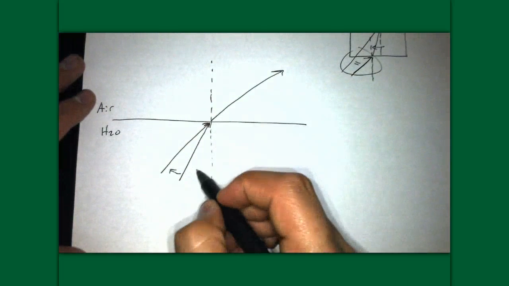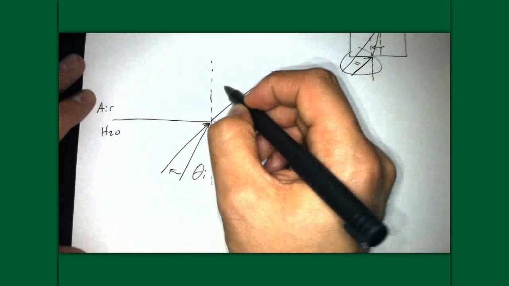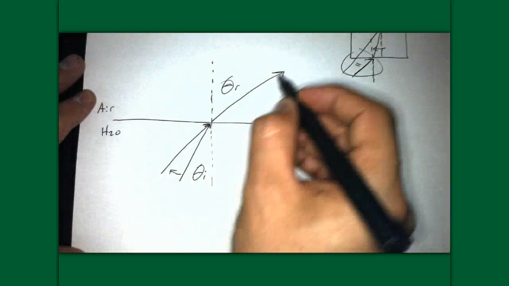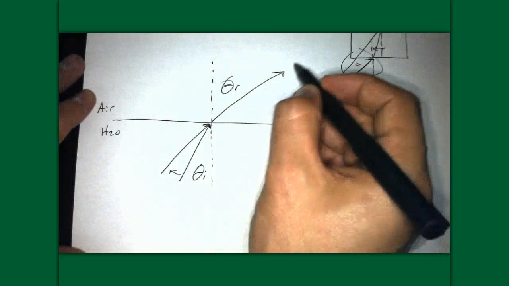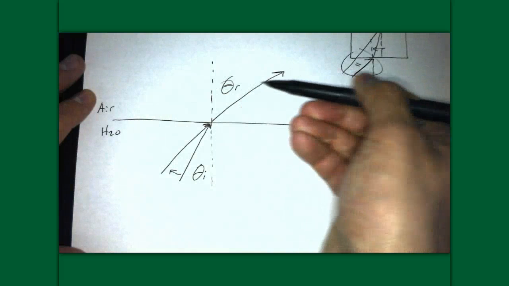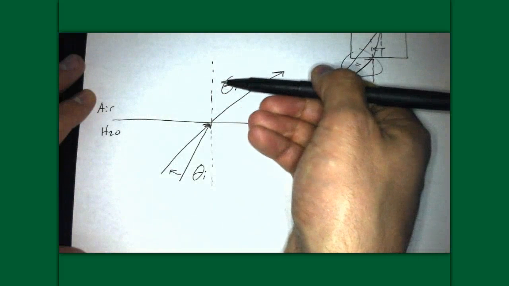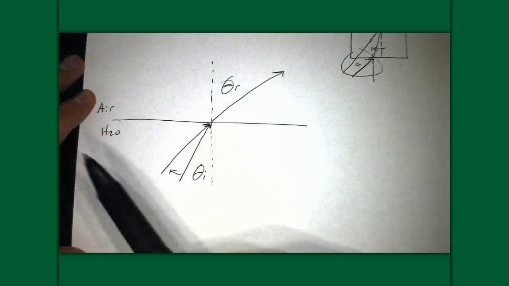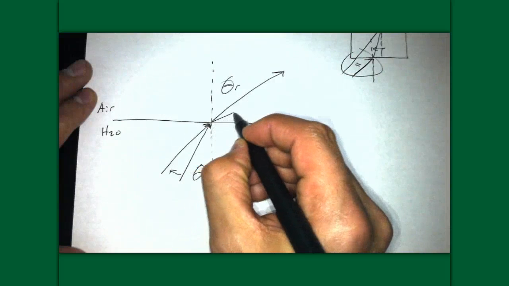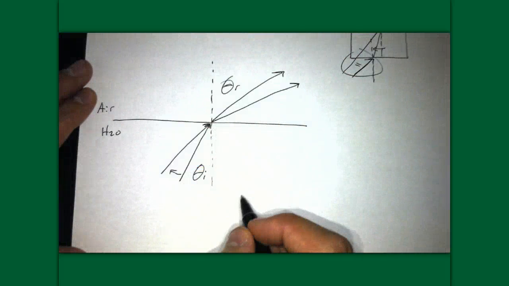Well, hopefully you can figure out that our theta r is going to increase because it can't stay here. This is now a straight line, and that can't happen. It can't move this way because if theta r decreased and the ray moved this way, that means that it would be bending toward the normal, and that can't happen when the light speeds up. And so our new ray would do something like this, right?